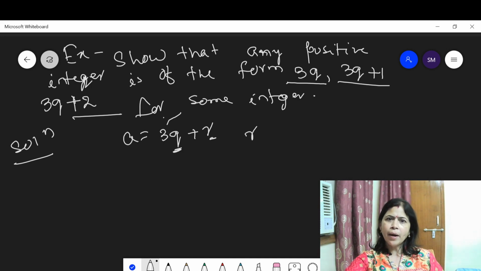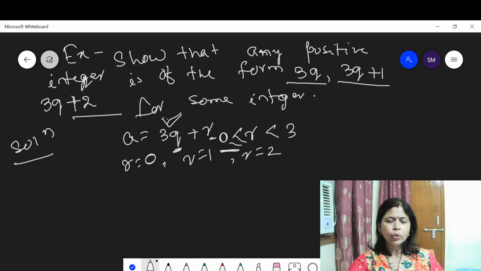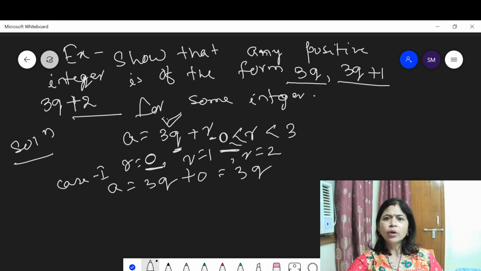According to the Euclid lemma, r must be greater than or equal to 0 and less than 3. R must be less than the divisor and greater than or equal to 0. Then here 3 conditions arise: either r equals 0, or r equals 1, or r equals 2. For case 1, when r equals 0, A equals 3q plus 0, which is 3q.